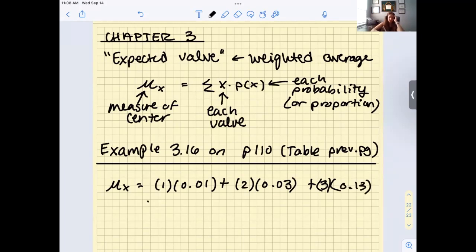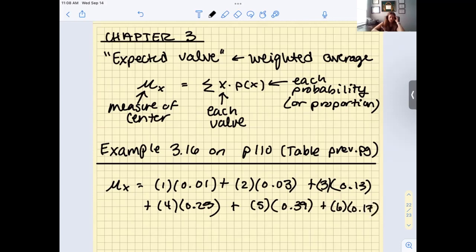I'll add it to value 4 times 0.25 plus 5 times 0.39 plus 6 times 0.17 plus 7 times 0.02.